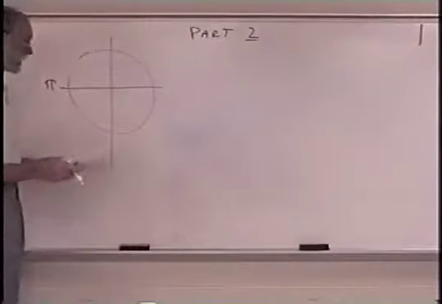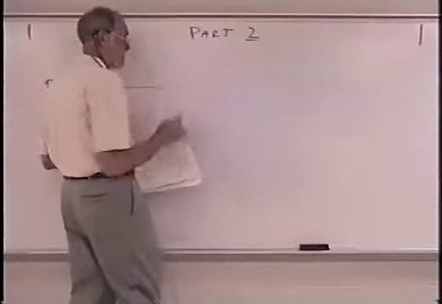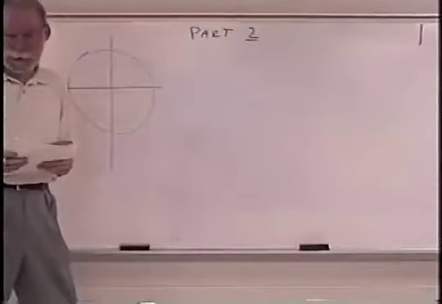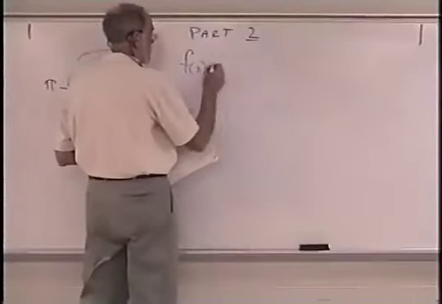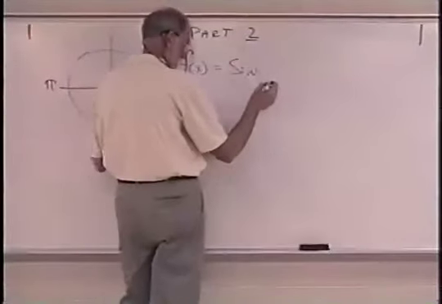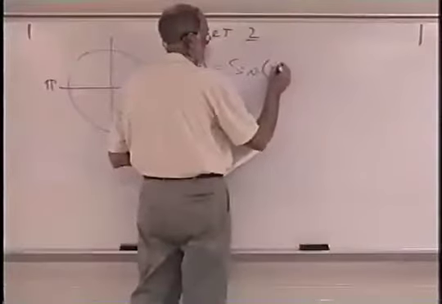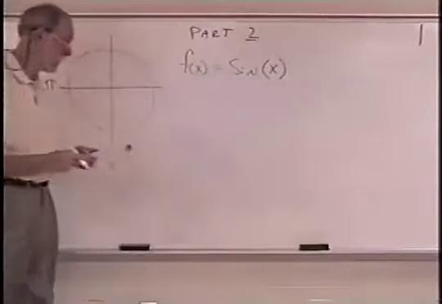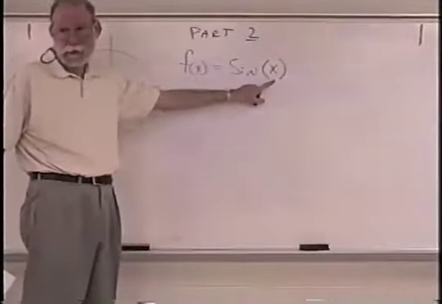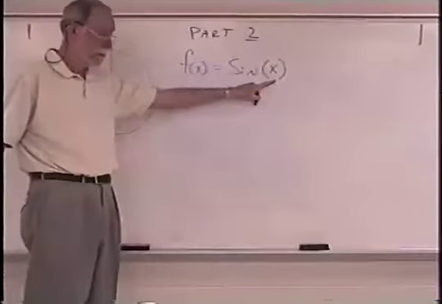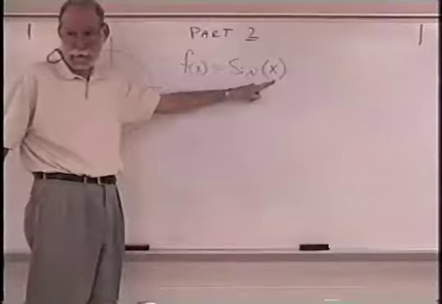The basic sine function is, and this is the way you would find it expressed in a math book, f of x is equal to sine of x. In other words, I plug in a value of x in terms of radians or degrees, depending upon what mode my calculator is set up for.